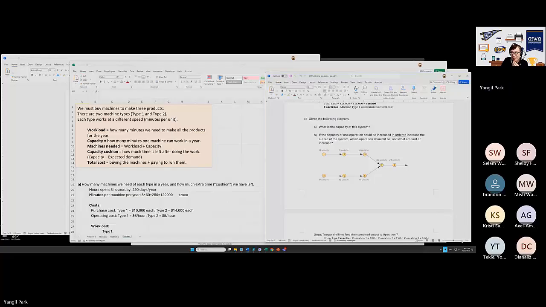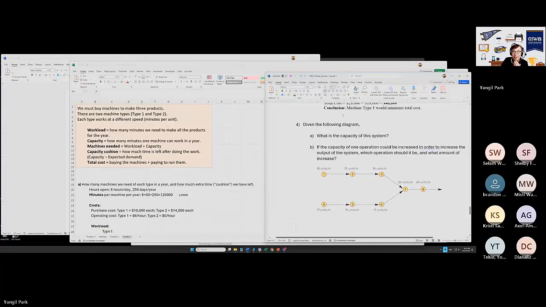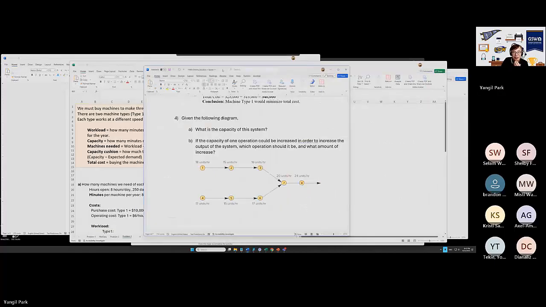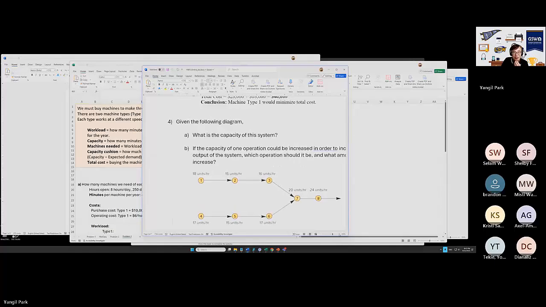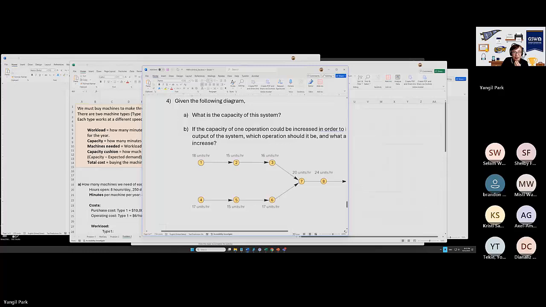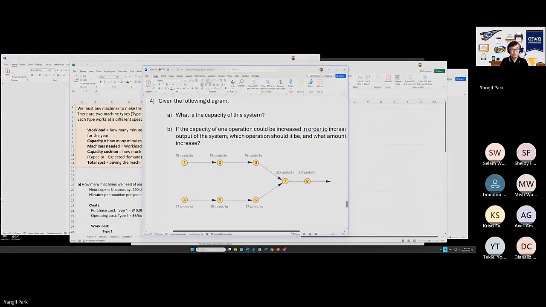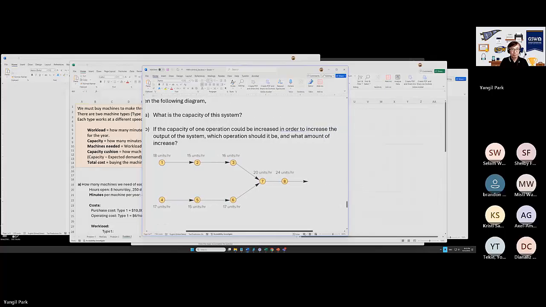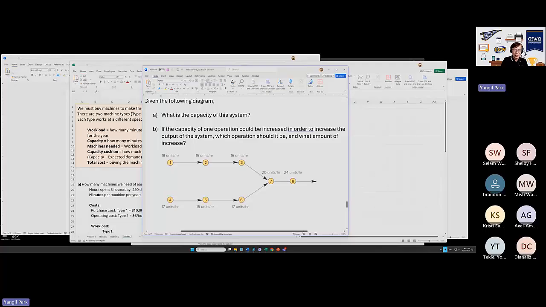Capacity. Let me make it bigger. Capacity diagram. Okay. I think we have a few examples in the textbook, including bottleneck.